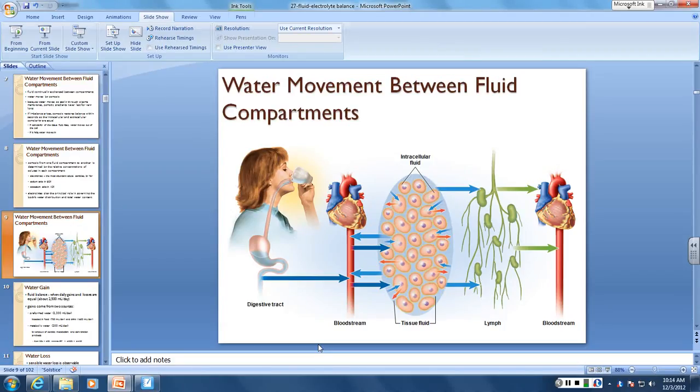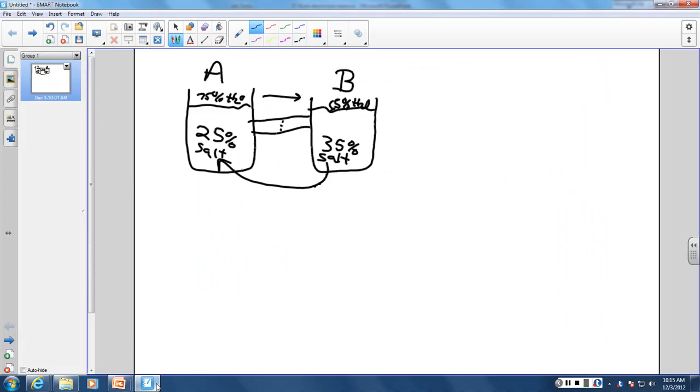So remember, wherever there's a higher salt concentration, there's a lower water concentration, right? So by increasing the osmolarity of blood, we've made blood like B. If you think of A as the tissue and B as the bloodstream, we've increased the osmolarity in the blood.